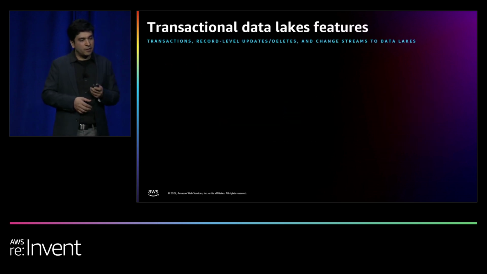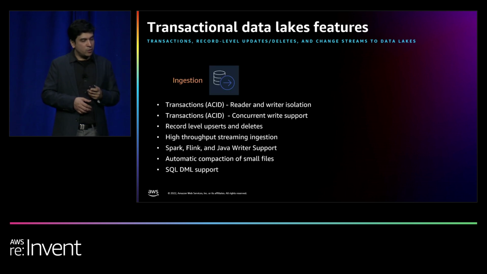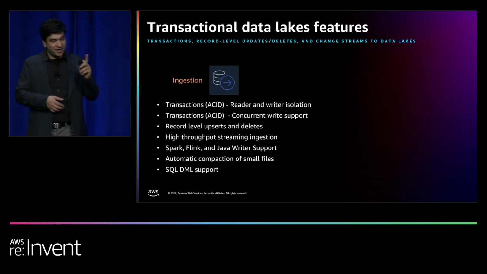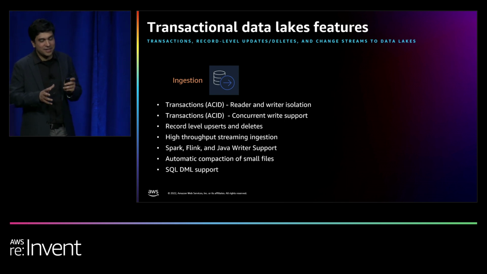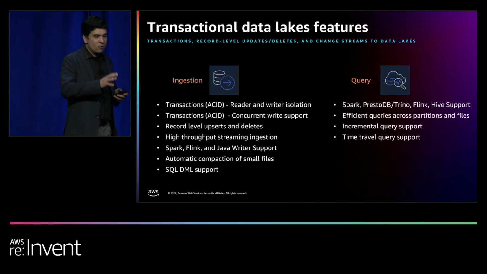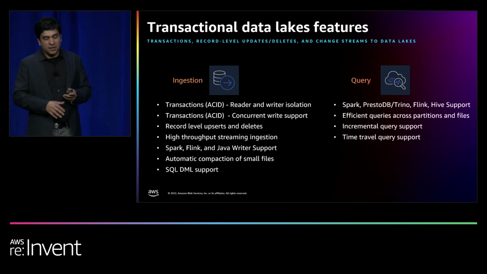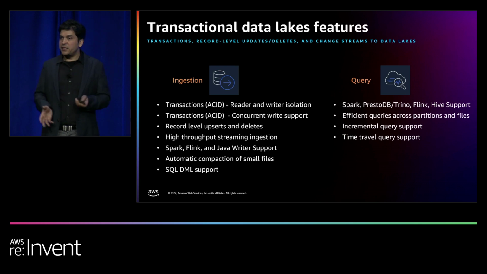So let's look at some of the newest features of these frameworks. But actually before that, let's look into the core features that make up the common feature set in this space. On the ingestion side, you have reader and writer isolation.